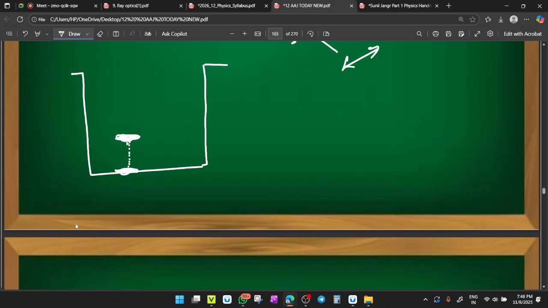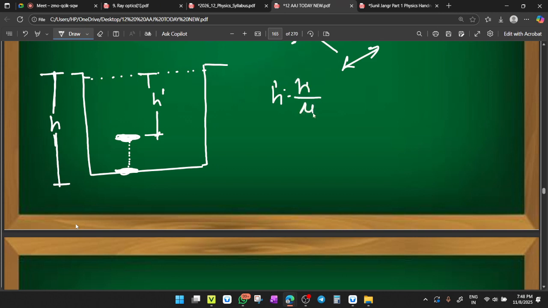Yes or no? So this is the actual height h, and this is the apparent depth actually. If the water is filled up to the rim, then this is the actual depth of the coin, and this is the apparent depth of the coin, h dash. Actually, the relation to be learned is h dash equals h upon mu.